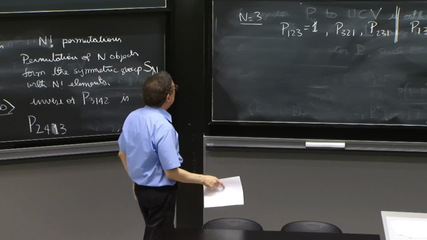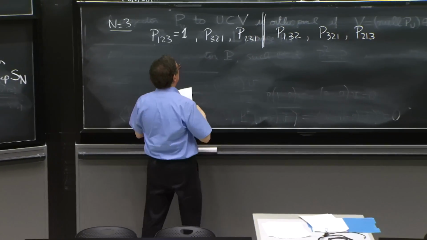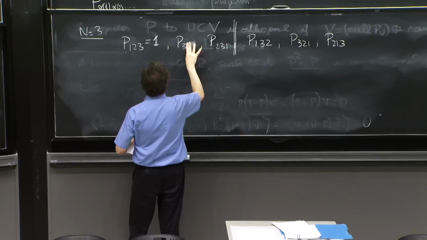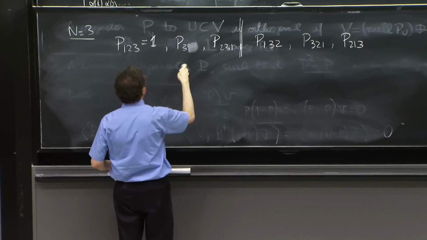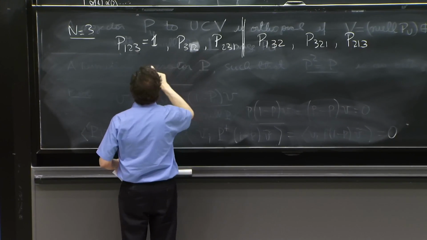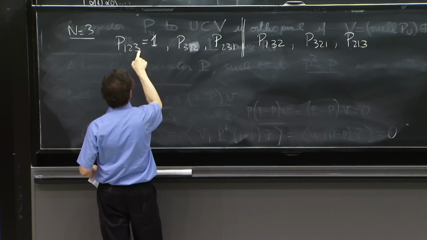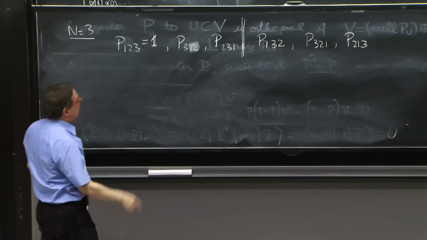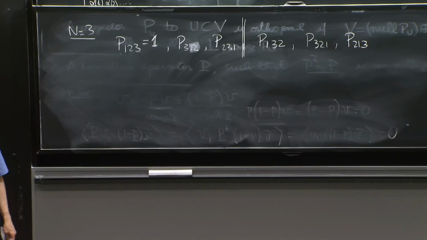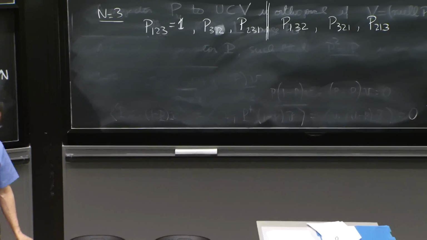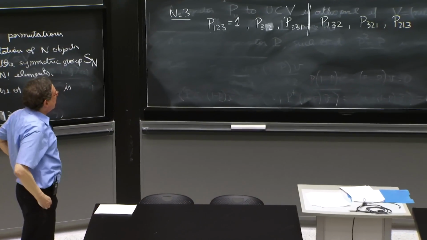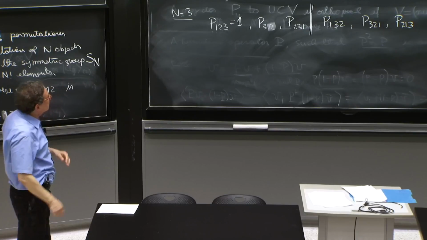The middle one, 3, 1, 2. Yes, I was supposed to be cycling them: 3, 1, 2 and 2, 3, 1. Otherwise, I would have repeated that. Good eye. Okay, so these are our operators.